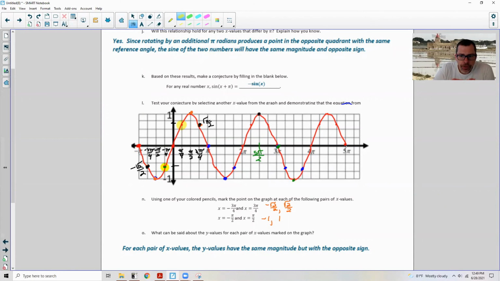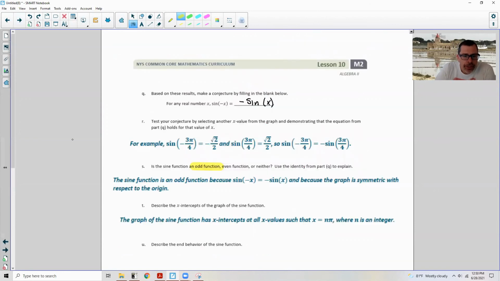If you take pi and any multiple of pi, pi times 1, pi times 2, pi times 3, pi times 4, pi times 5, pi times 0, pi times negative 1, then we come up with this. The graph of the sine function has x-intercepts at all x values such that x equals some number n times pi, where n is an integer.